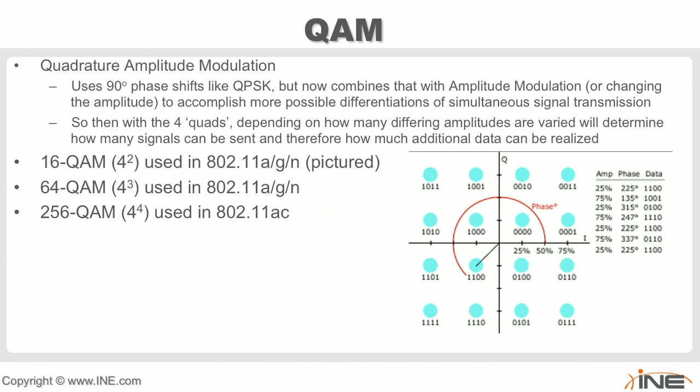Next, we want to take a look at something called quadrature amplitude modulation. So amplitude modulation, we're changing what? We're changing the power, the overall power in a given signal. But with quadrature, we're cutting up phase shifts like quadrature phase shift keying, but we're combining that with amplitude modulation, or changing the power.